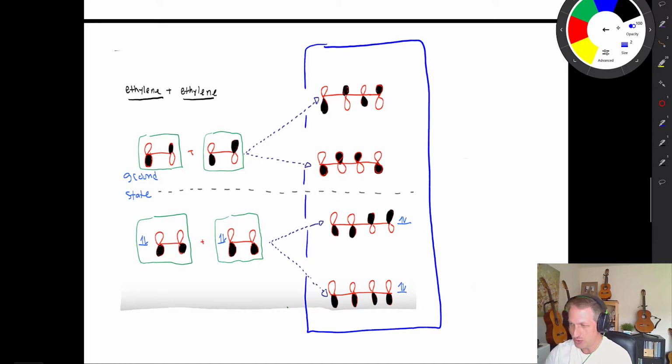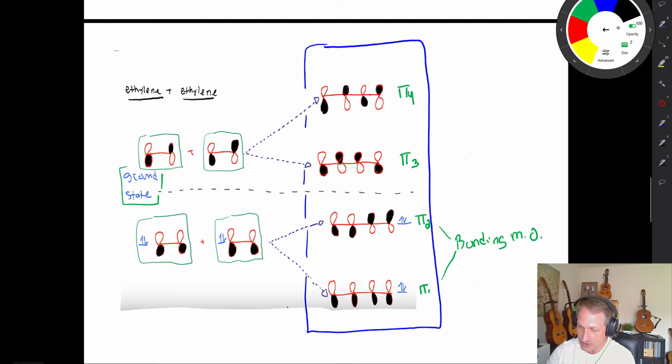So just to reiterate, we call this pi 1. This is your bonding molecular orbital. This is pi 2. So both of these are what we call bonding MOs. Okay? And then coming up above our ground state line right here, we have our pi 3 and our pi 4.